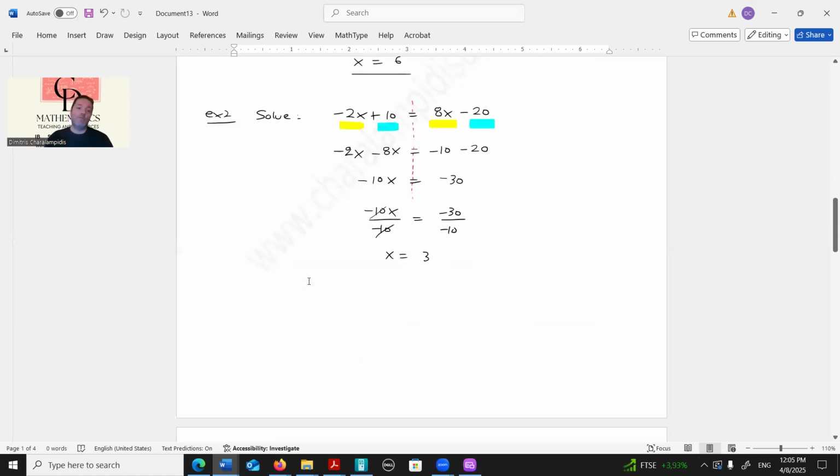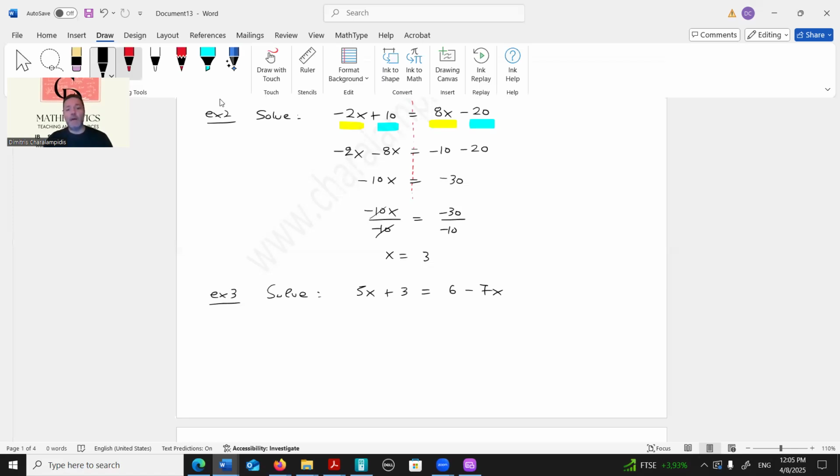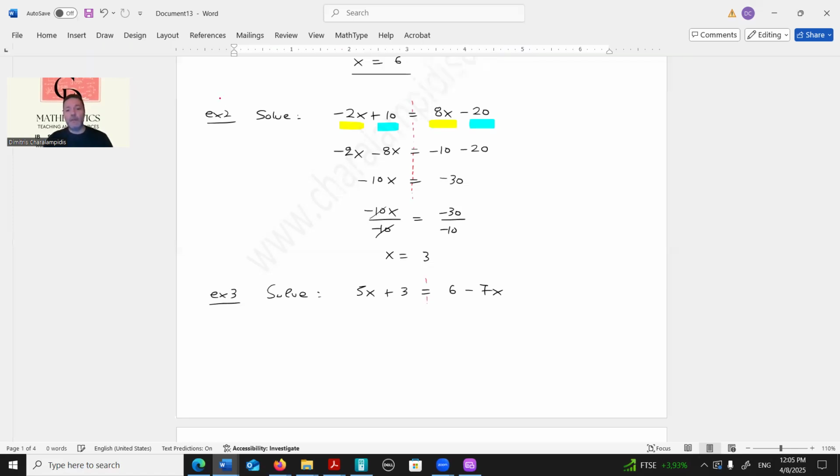Let's do one final example, but I'm sure that by now you have all understood the process. 5x plus 3 is the same as 6 minus 7x. Again, I'll begin by drawing the imaginary boundary between the two sides.